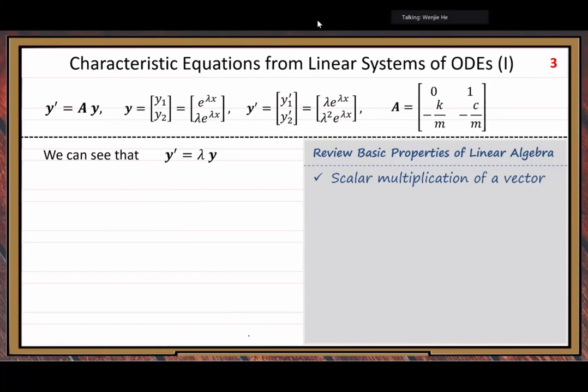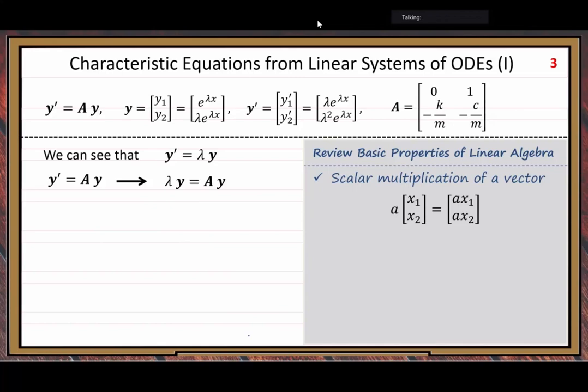So, scalar multiplication of a vector. Scalar a times a vector equals that. All right. So now we get here. Replace y prime vector by lambda times y vector. Now, in this new equation, y prime is gone.